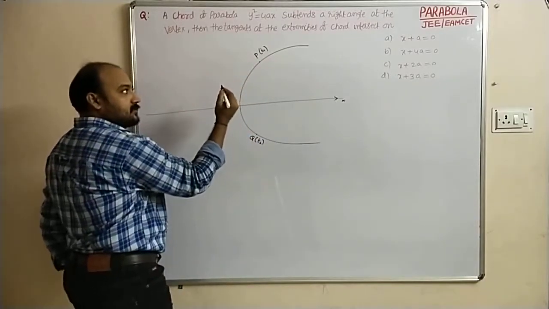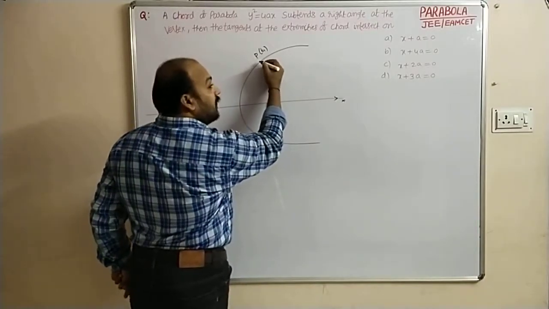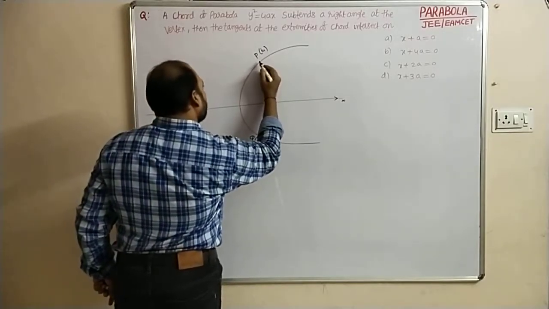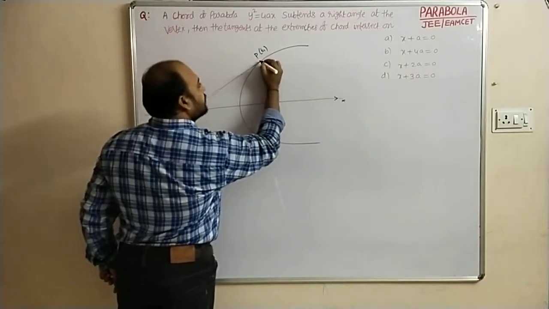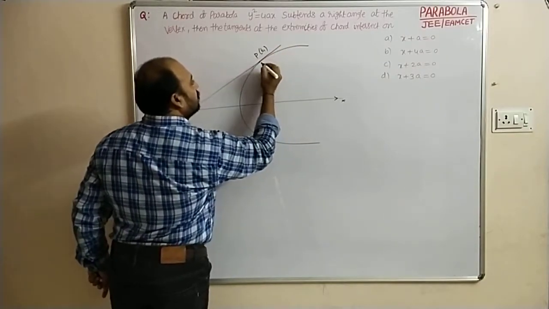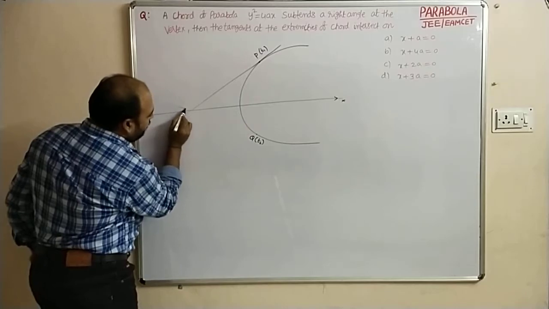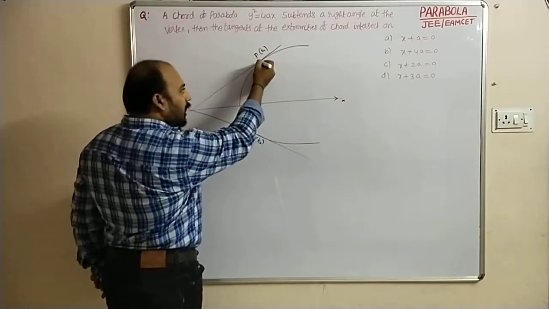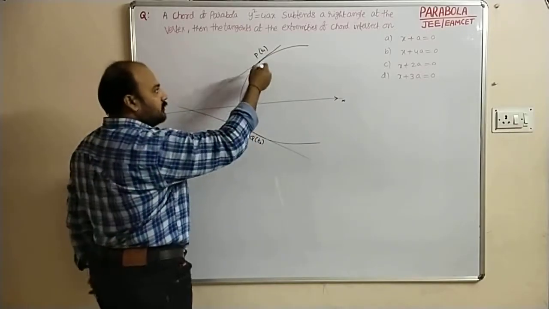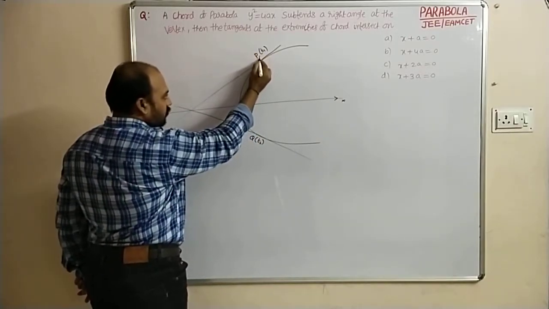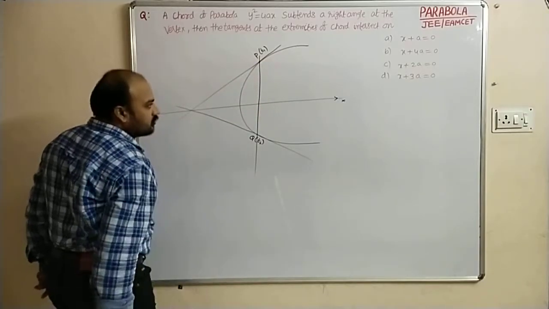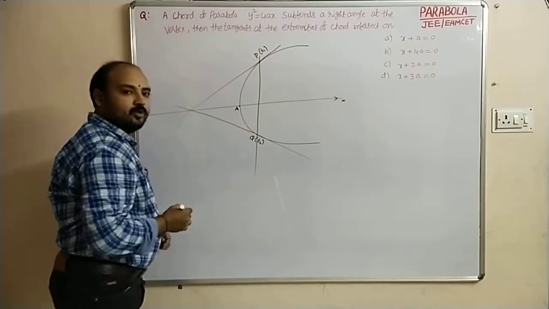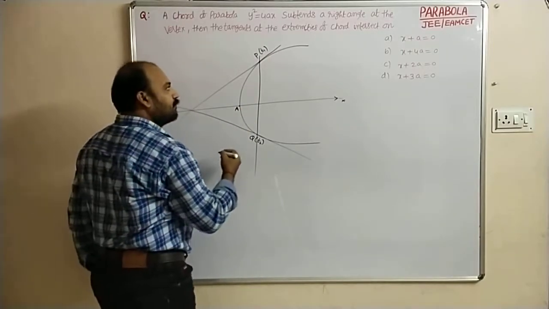Draw the tangents at the points P and Q. This is the tangent at P of t1 and the tangent at Q of t2. If you join P and Q, it is a chord. This is the vertex of the parabola, A.